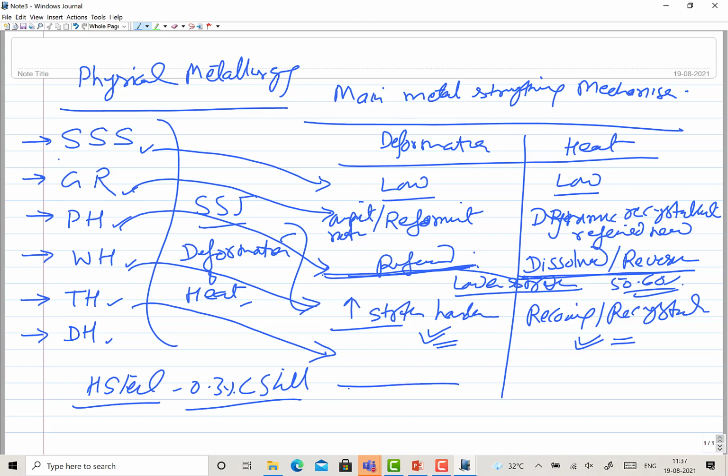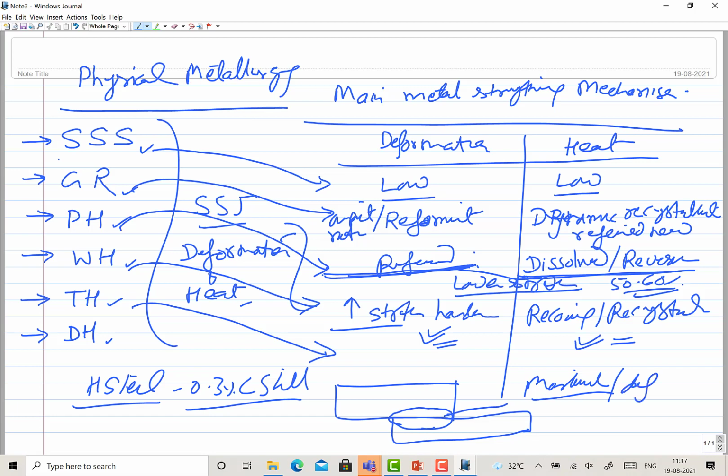When you apply either deformation or heat or both, there is every possibility that you will get hardening, meaning there will be martensite transformation, or there will be deformation assisted transformation. This is another thing, deformation assisted transformation. So these are two different things I will take up differently.